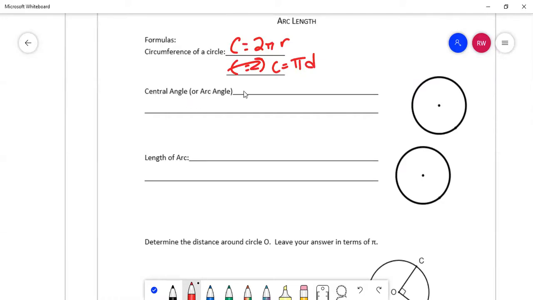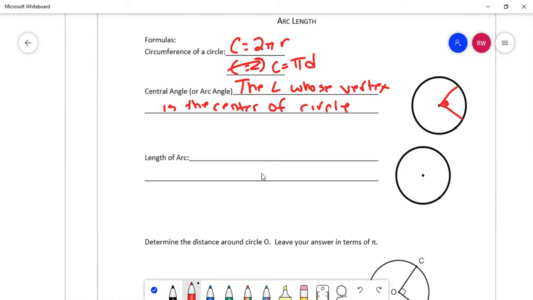The central angle or arc angle is the angle whose vertex is the center of the circle. Right here, this is the center. This right here is my central angle.